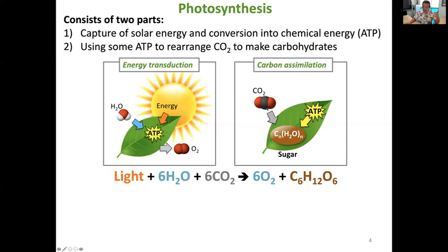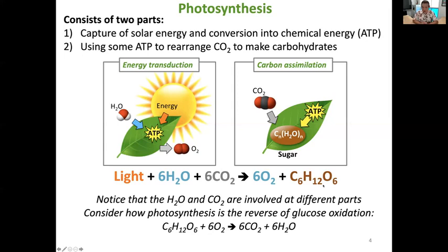On the other hand, once you have ATP available, you can then use it to take the carbon from carbon dioxide and rearrange bonds to make sugars. So that's why the overall net equation is light plus 6 molecules of water plus 6 molecules of carbon dioxide give you 6 molecules of oxygen and a molecule of glucose.